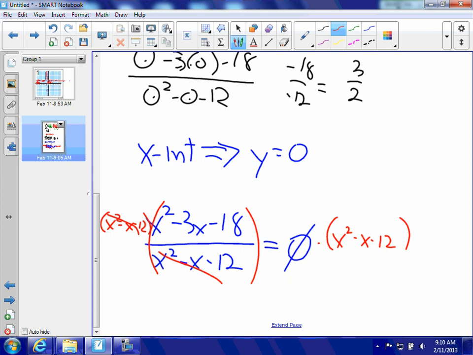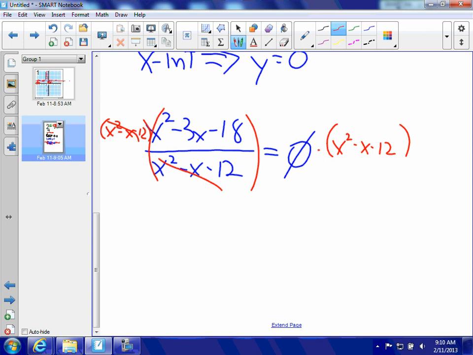And this is going to be equal to 0, because everything times 0 is 0. So really, I'm just looking at my numerator, x squared minus 3x minus 18 is equal to 0. So where I solve for x, that's going to tell me where my x-intercepts are.